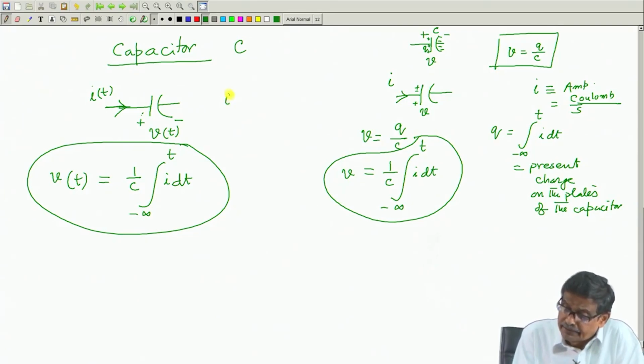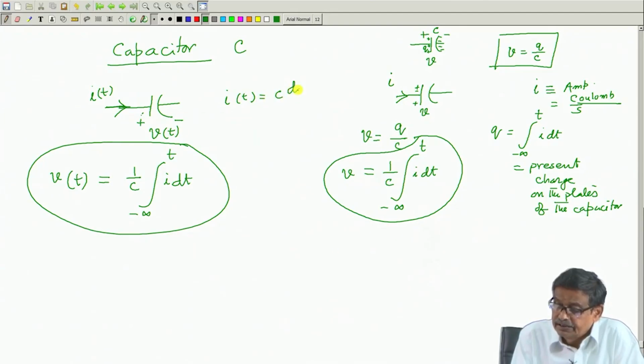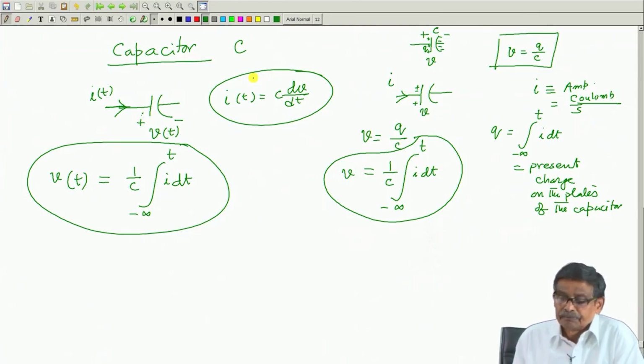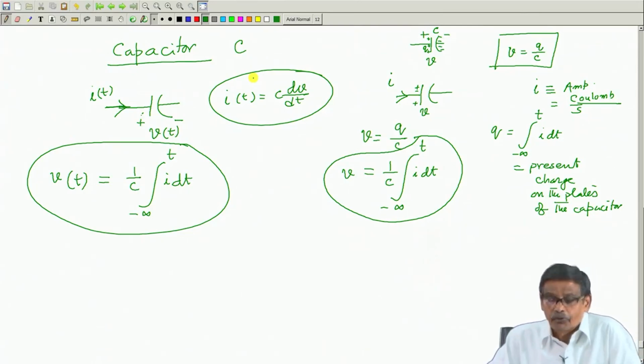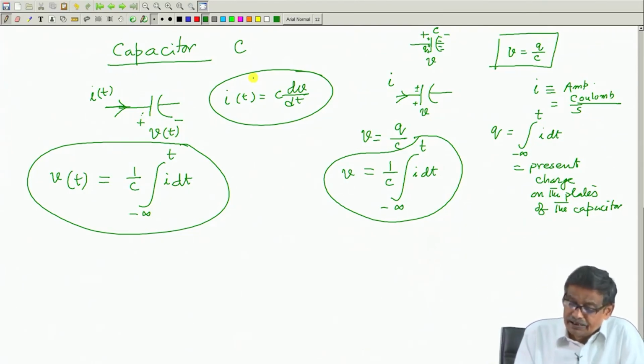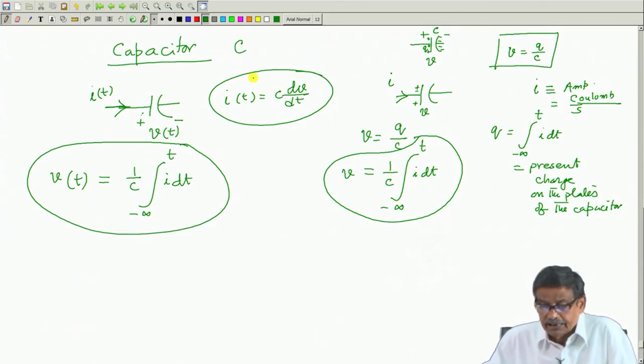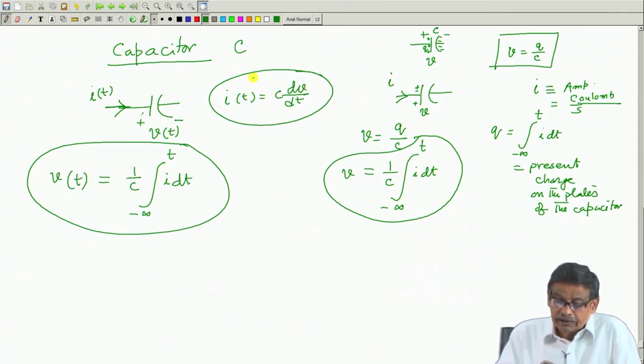Conversely, one can write I t is equal to C dV dt. This is also correct. In fact, we will be using this form. But see, can we say a capacitor is a memory-less device? Certainly not, because the present value of the voltage does not depend only on the present value of the current.